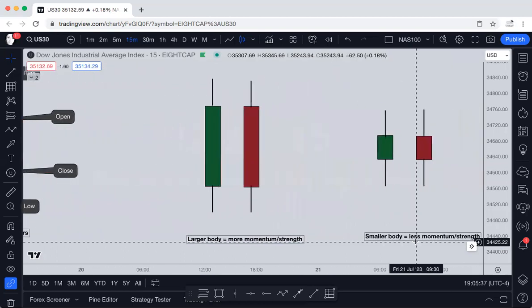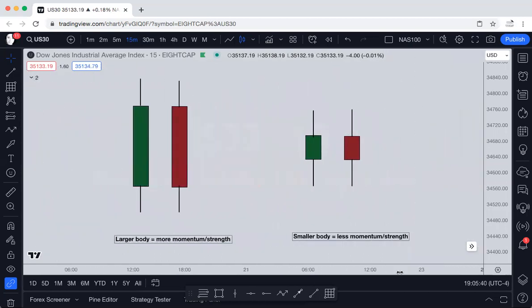Now, let's talk a little bit about what the candle bodies mean depending on how large or small they are. So your larger candle bodies, all right, here is your larger bullish candle body, your larger bearish candle body, means there was more momentum or strength in that candle.